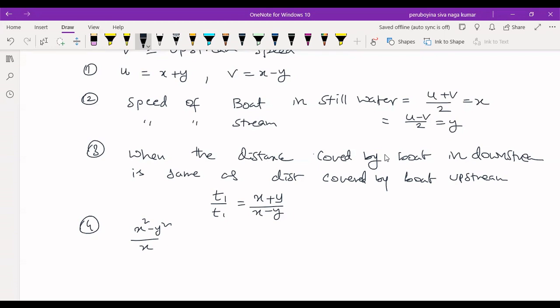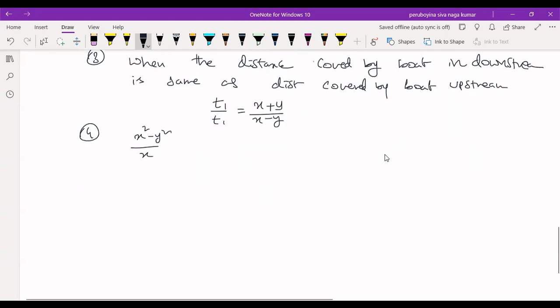Okay. Next, fifth point. A boat takes t hours to row to a certain place d kilometers apart and return back. Then the distance between the two places d is equal to t of (x square minus y square) by 2x.